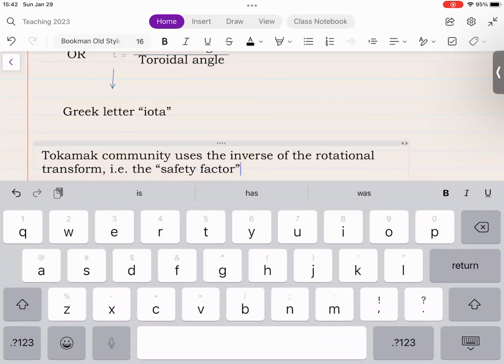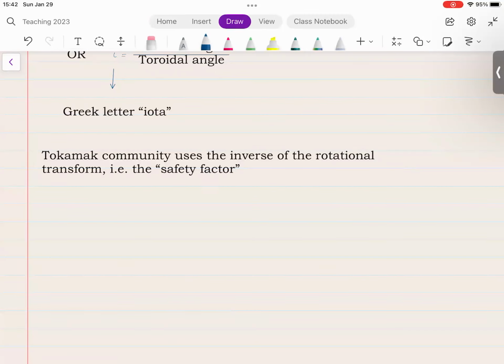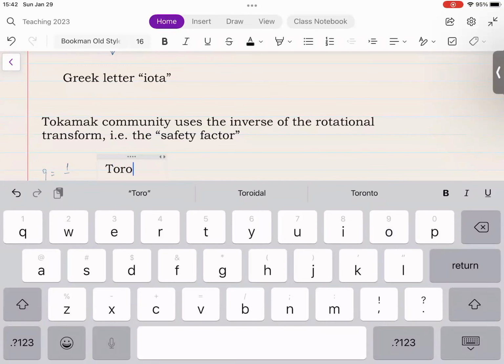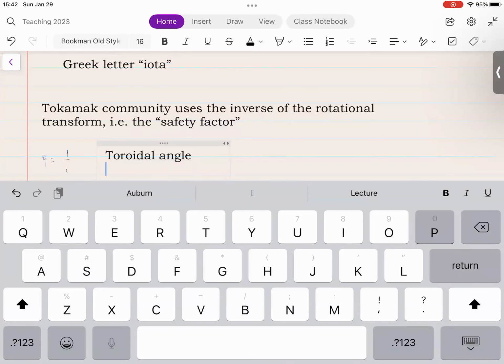Safety factor is typically indicated with a lowercase q, and that's going to be equal to 1 over iota, or, the opposite of what we had before, this is going to be the toroidal angle over the poloidal angle.